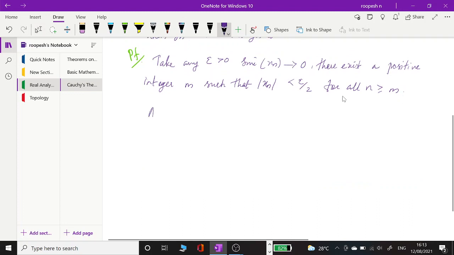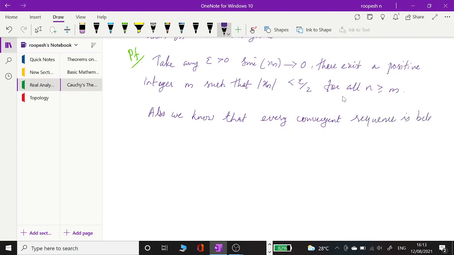Also, we know that every convergent sequence is bounded. So I can have a real number such that modulus of xn is less than or equal to that real number.